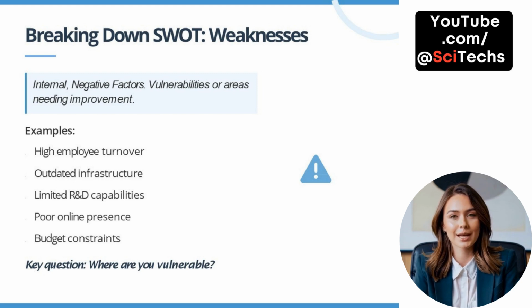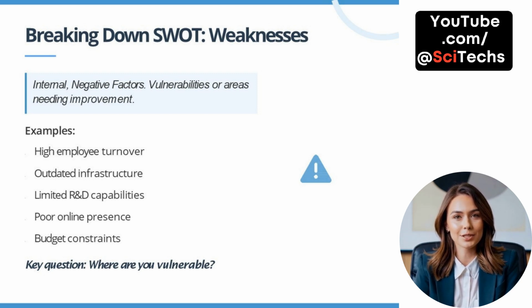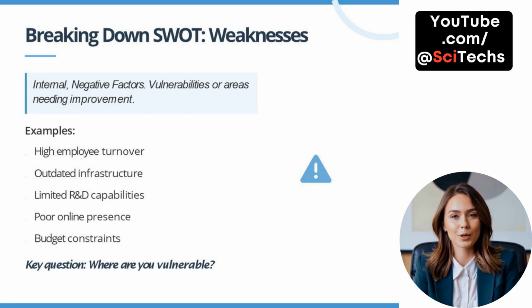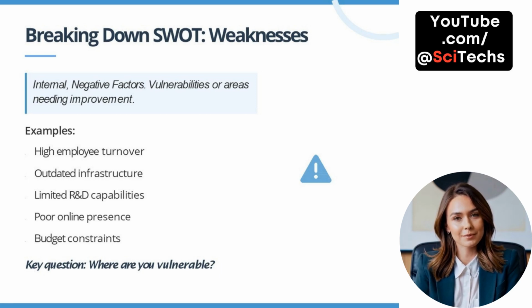These might include high employee turnover, which disrupts continuity and drains institutional knowledge, outdated infrastructure, which slows efficiency, limited R&D capabilities, which stifle innovation, a poor online presence, which affects visibility and customer reach, or budget constraints that limit scaling or upgrades. In your own professional journey, a weakness might be lack of experience with a specific tool, soft skills gaps, or unfamiliarity with a certain market.